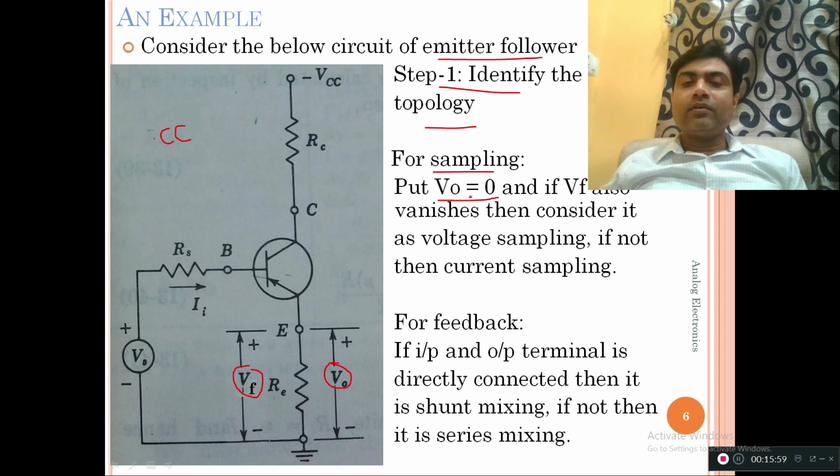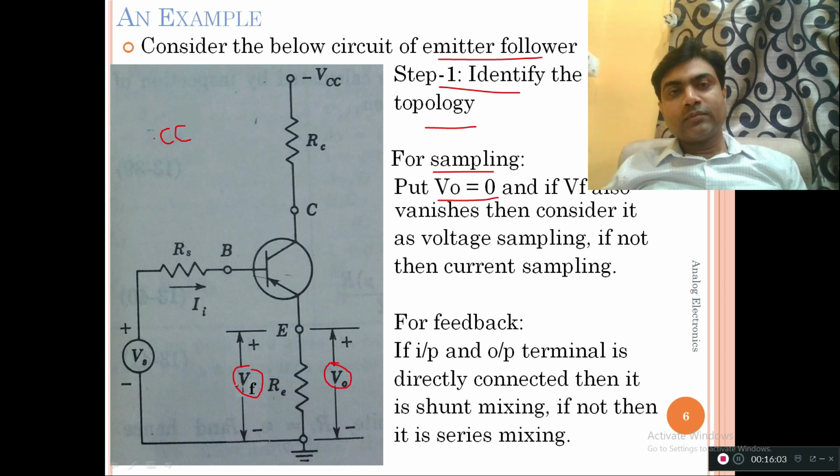So if I make V naught equal to 0, the Vf also is going to be equal to 0. So this is going to be the voltage sampling for me. If it is not the case, then I will consider the next case, that is the current sampling. So here I can easily say that the sampling is voltage sampling. So sampling is voltage.